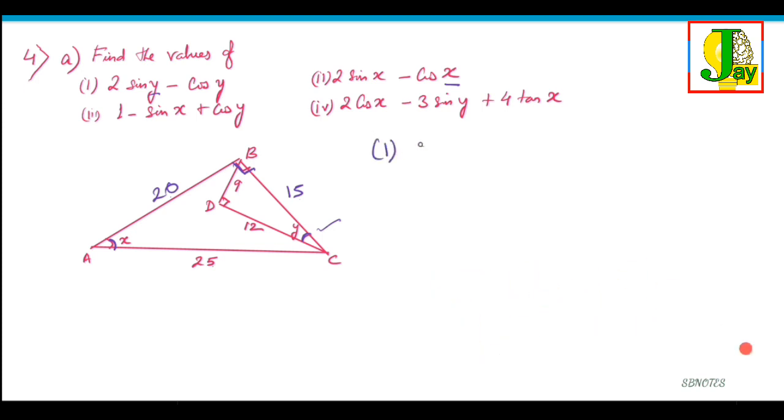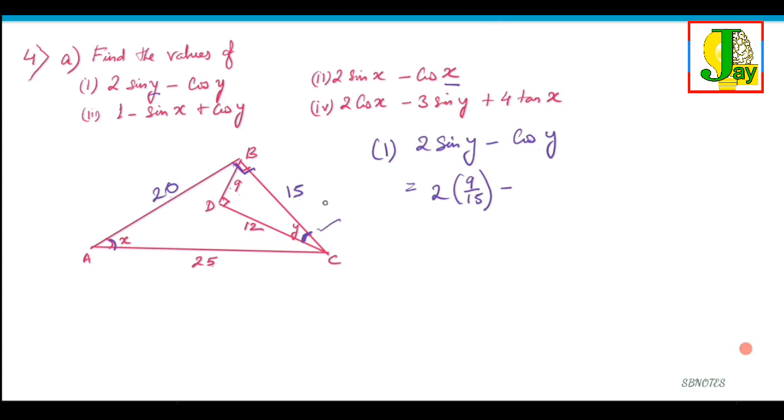The first one is 2 sin y minus cos y, equals 2 sin y. Corresponding to angle y, sin y is opposite by hypotenuse, so opposite is 9, and in this triangle the hypotenuse is 15, so 9 by 15, minus cos y.